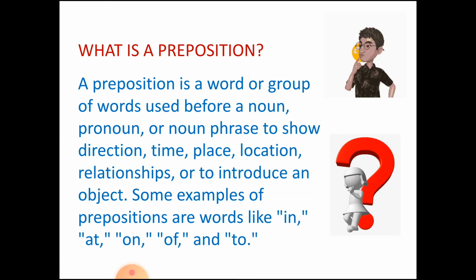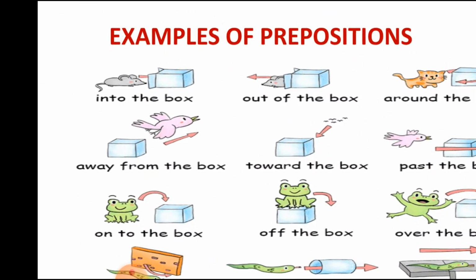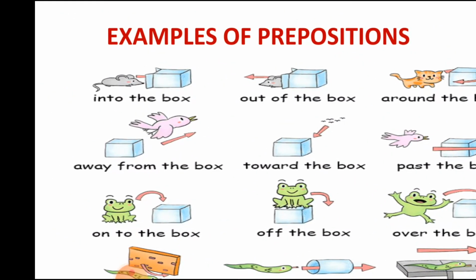Let us see some other examples. You can see here the position of the object, that is the bird or an arrow or a frog, or you can see the girl or boy.